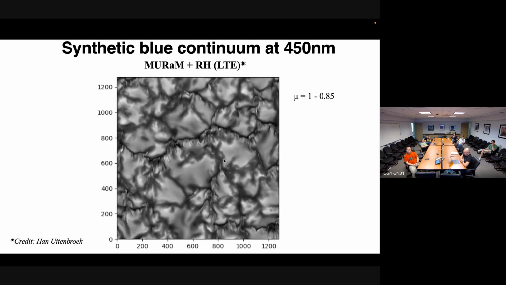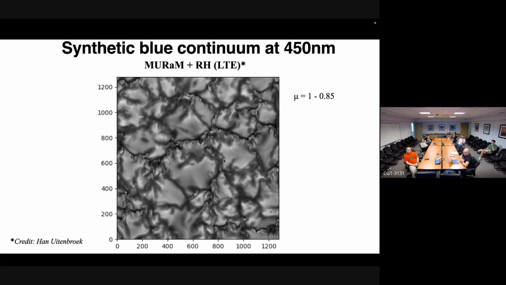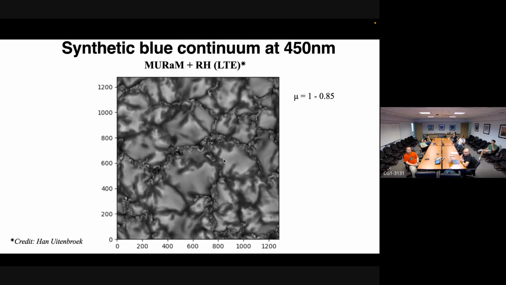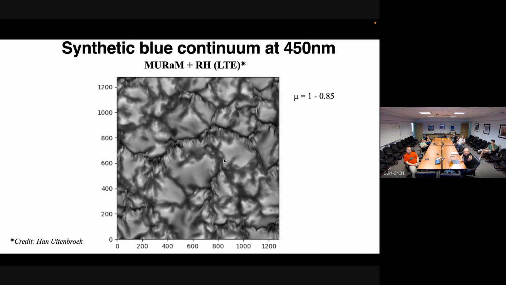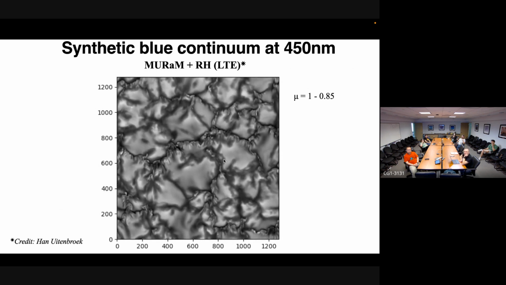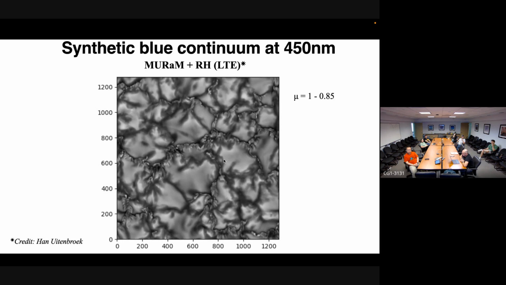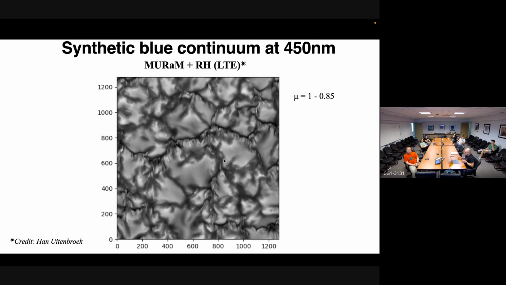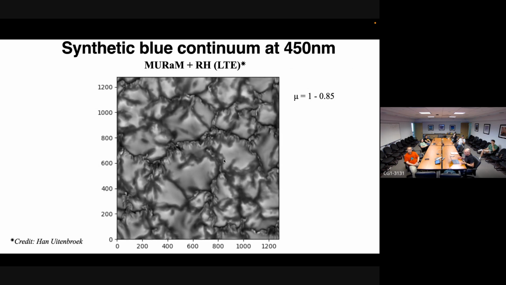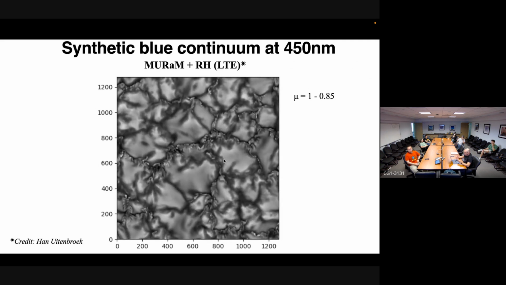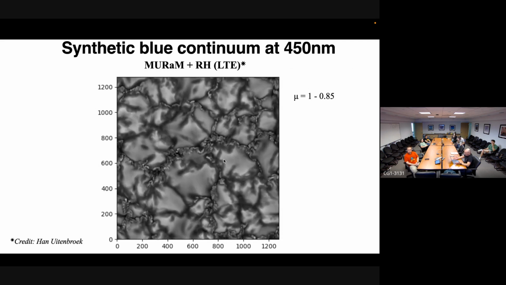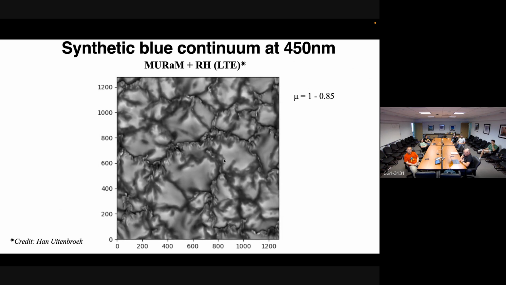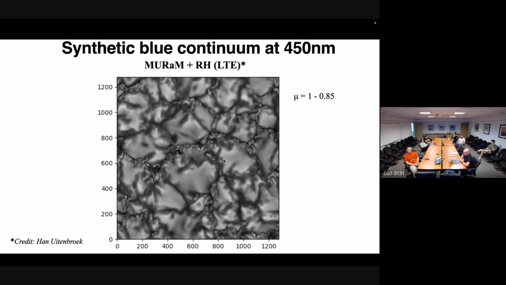That's why we simulated these 450 nanometer intensities first. Here you can see the images for different mu angles, which vary from 1 to 0.85. We can immediately see that center-to-limb variation is very important for what we see in the images.